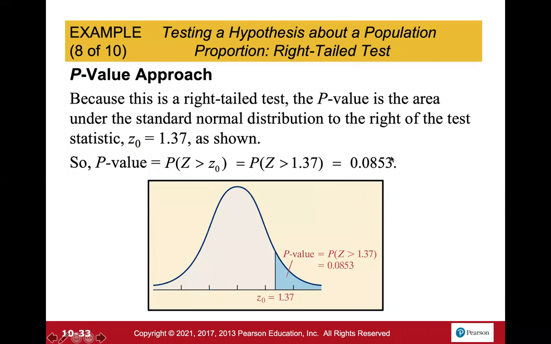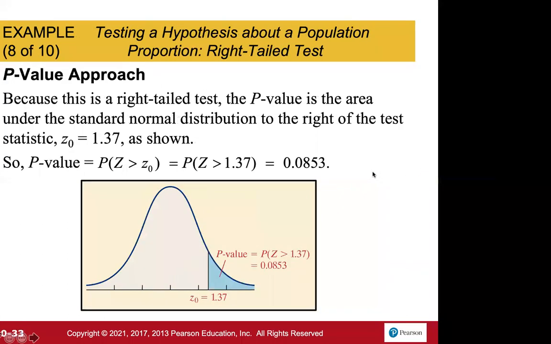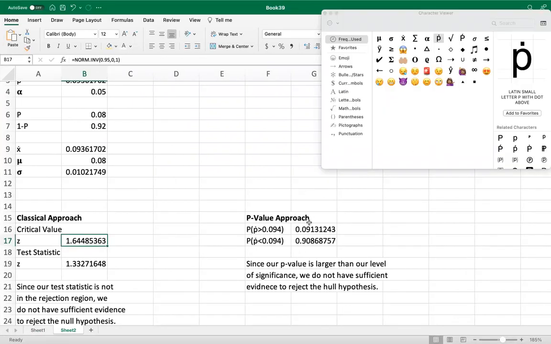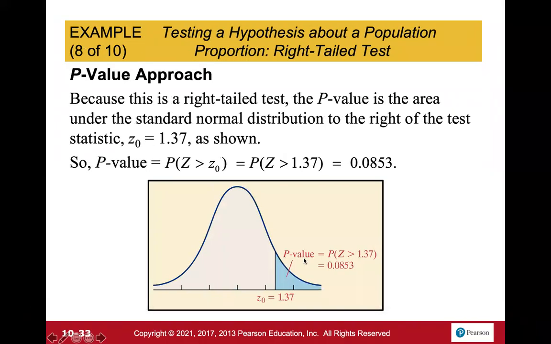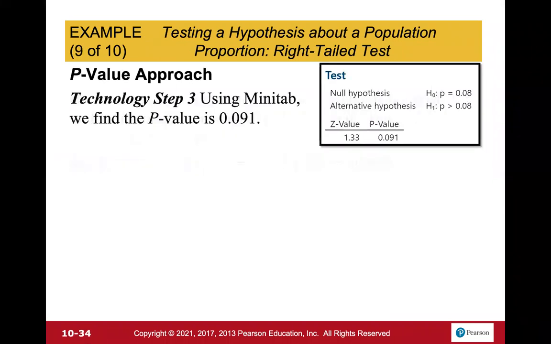They got something a little bit different because they estimated their standard deviation, which forced them to estimate their z-score, which forced them to estimate this. So here we have 0.8, over here we have 0.9. This is what we were actually looking for, and that's the value that we ended up getting. They got something a little different because they cut a couple of corners. No big deal though.